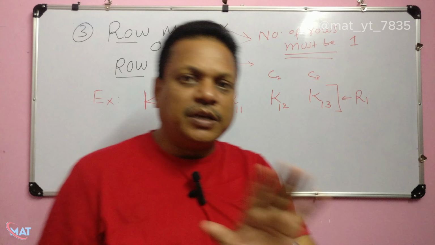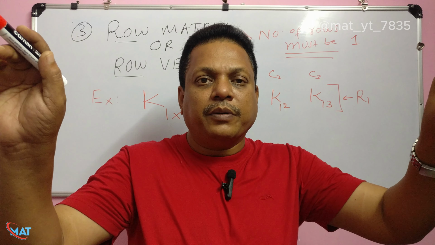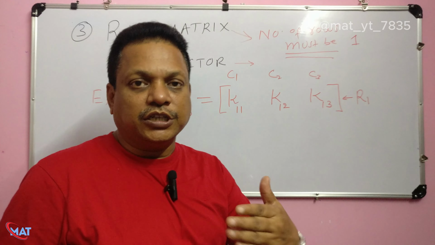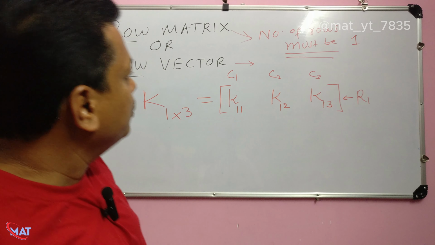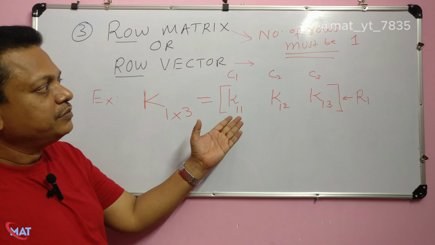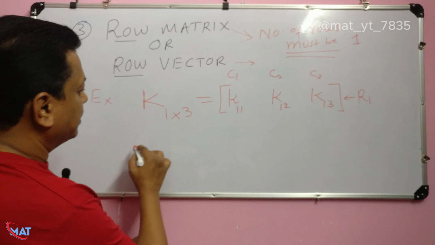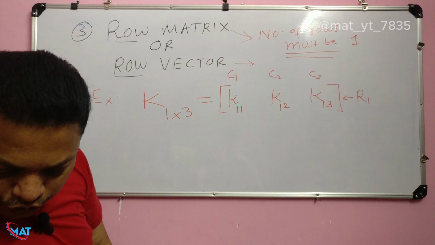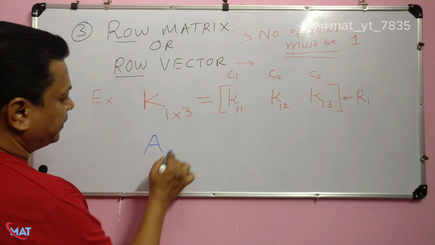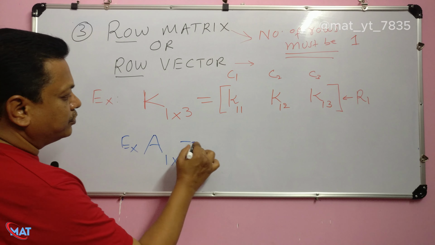Actually, matrices is not a separate branch of mathematics. It is a sub branch of linear algebra. Later, when we deal with such topics, we are going to use this terminology, row vector. For example, if I want to show a numerical example, a 1 by 6 matrix is also an example.